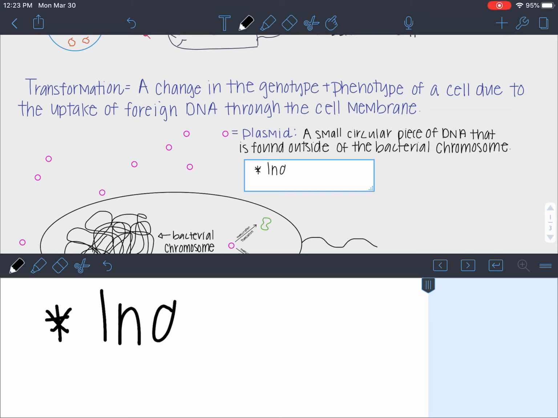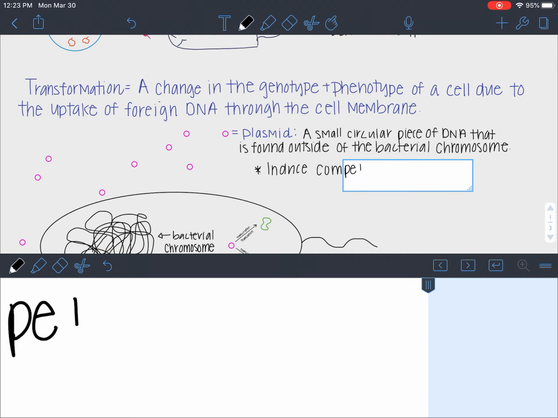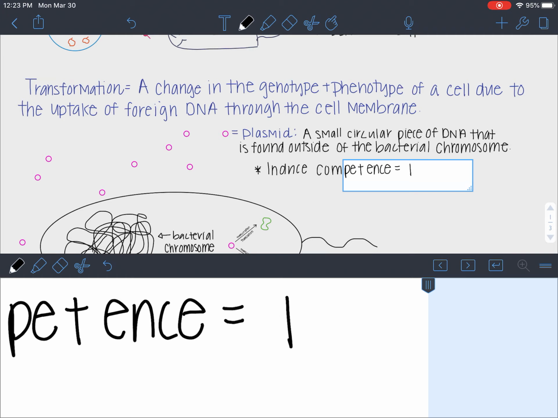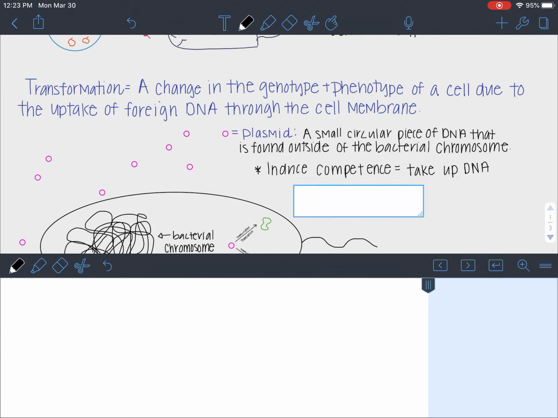So our entire procedure is about making our cells competent. And when we talk about what it is for a cell to be competent, it means that it can actually take up DNA, or take in those foreign plasmids.